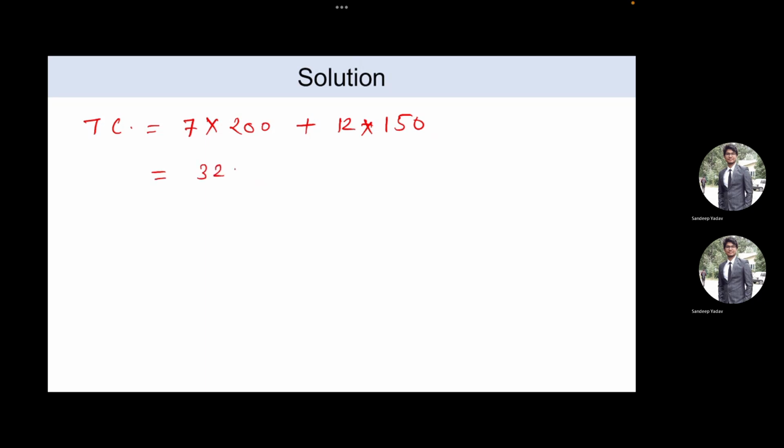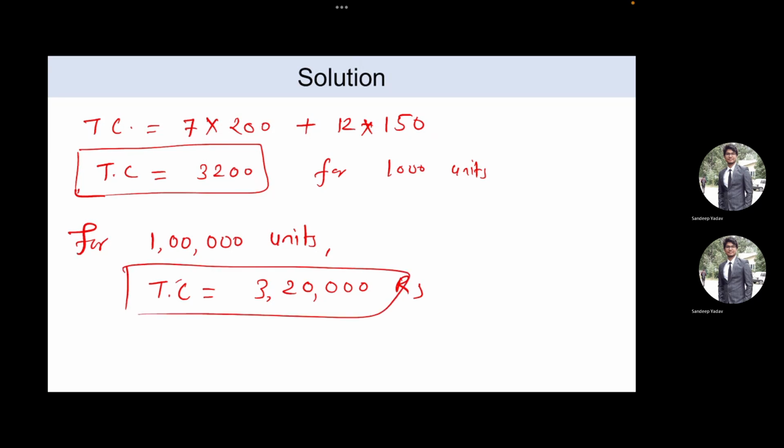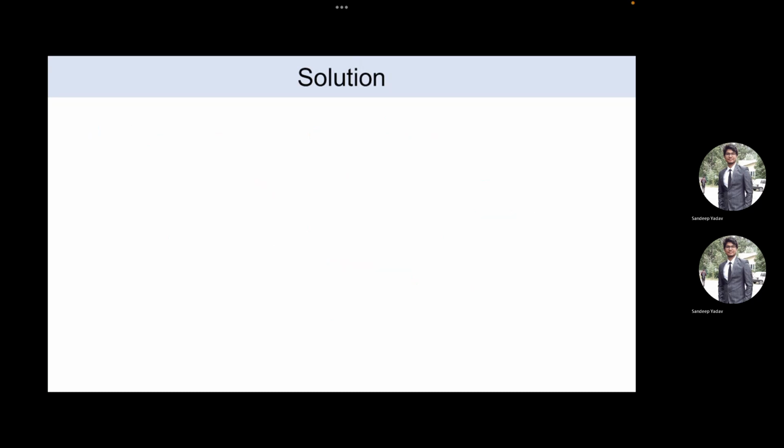That will be 3200 for 1000 units. And for 1 lakh units, total cost will be 3,20,000 rupees, in a similar way, 3200 into 1 lakh upon 1000, that will be finally this much. Now finally, what is the decision?